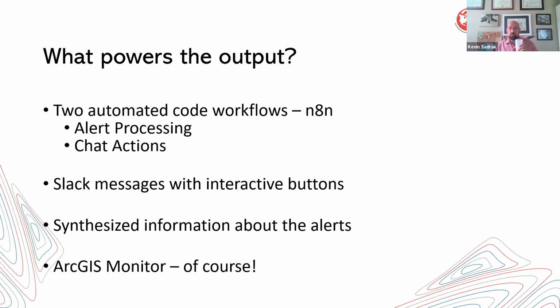The interactions are handled with Slack, and there are interactive messaging buttons that are configured using their Slack Block format. The information is synthesized using Claude, so we're going to do a little AI today too, and we're going to focus on Anthropic's Claude models for that, and this could work with any other vendor. And lastly is ArcGIS Monitor. Otherwise, we wouldn't really have much to talk about.